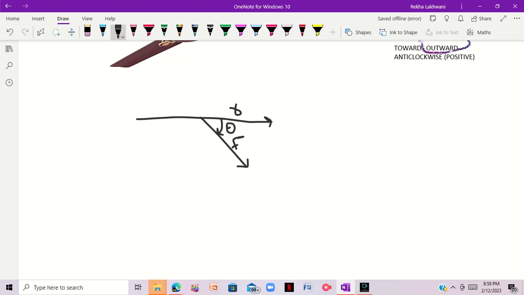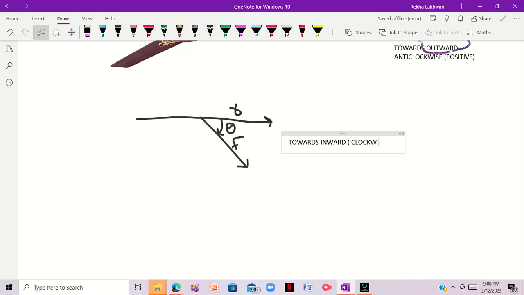So when you curl your right fingers from this moment arm to the force, you will see your thumb will be pointing towards the inward side. Basically it will be pointing inward. It means your torque is basically clockwise.